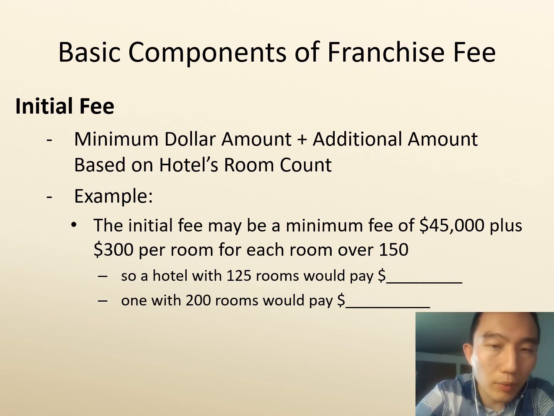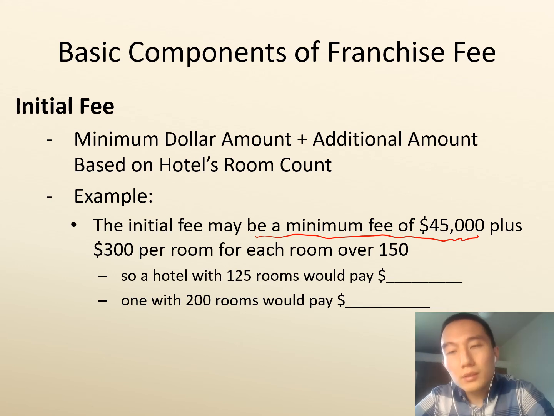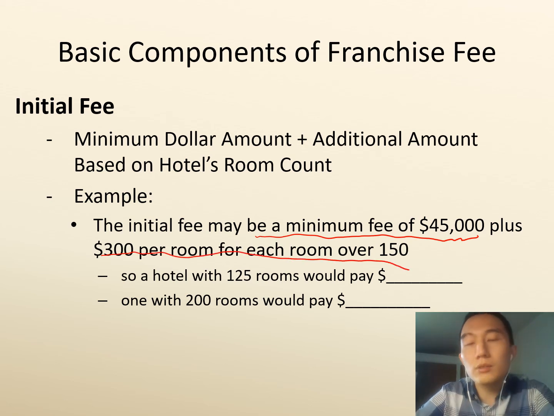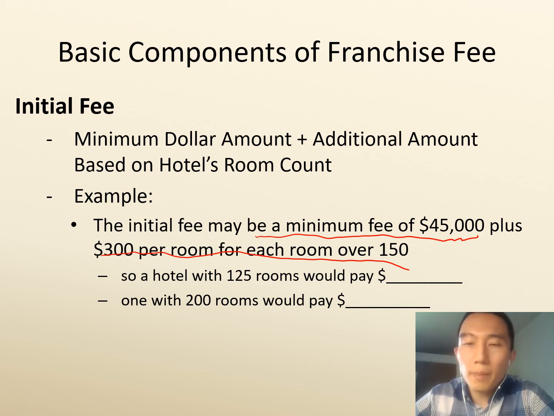In this example, the initial fee includes a minimum fee of $45,000 plus $300 per room for each room over 150. So that's the basic structure for the initial fee.